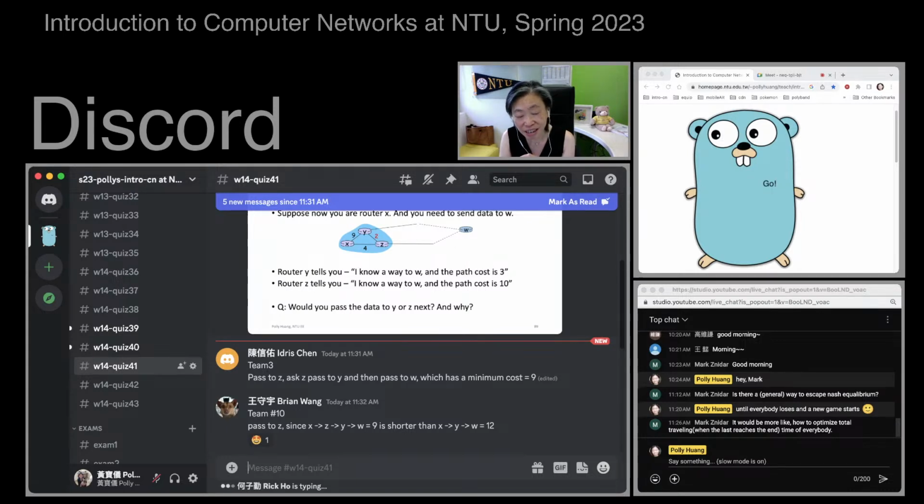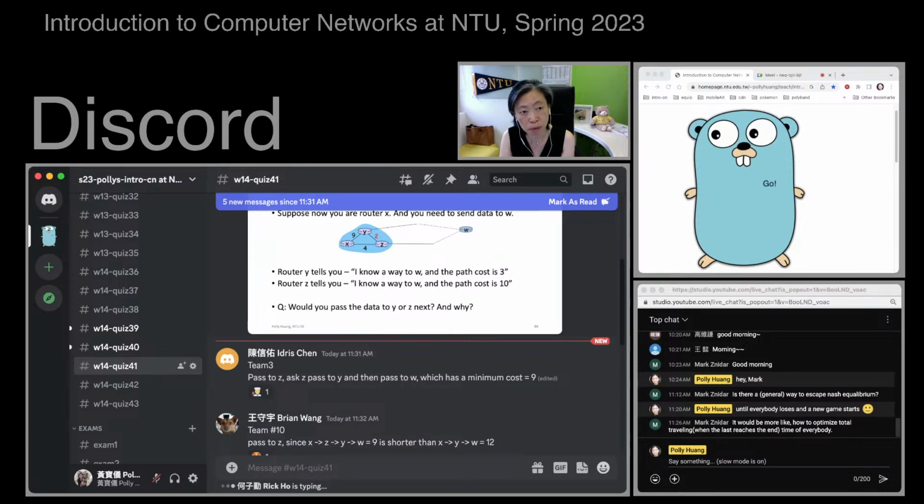Similarly, Z, maybe the next moment in time after considering link cost 2, learns from Y that the shortest path to W is 3. Z learns that there's a better path to W instead of the original one costing 10. So Z now learns there's a path to W costing only 5, and Z will tell X next round, I know the way to W, and the path cost is 5. And Z and you at this moment will then choose Z to send the data to W.